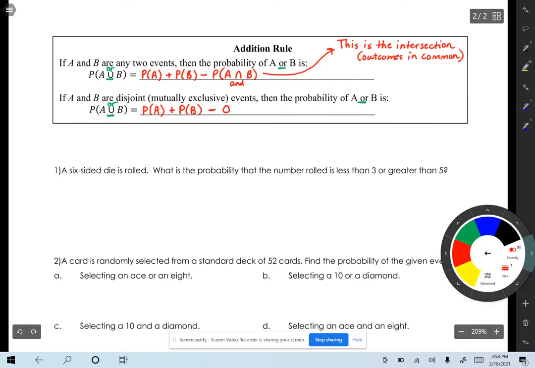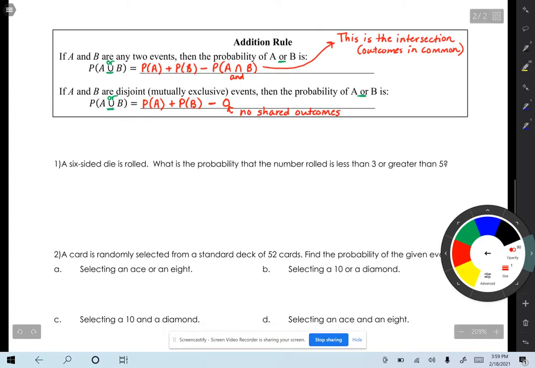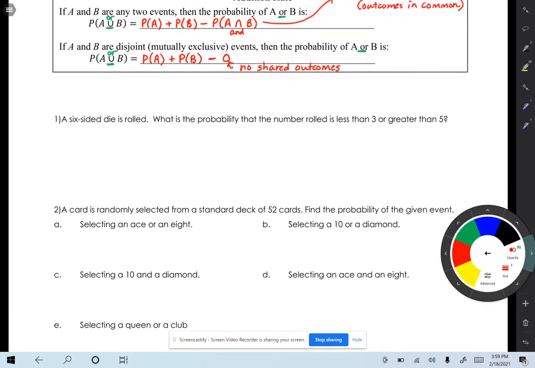And the reason why it's 0 is because if they're disjoint, they don't have anything in common, nothing shared. So no shared outcomes. And those are your formulas. So honestly, I would remember the top one and just know if it's disjoint, if they don't have nothing in common, it's going to be just adding the individual probabilities together and just leaving out the and portion. But we'll do several examples.